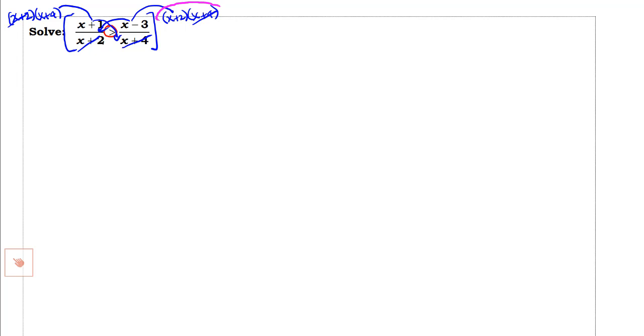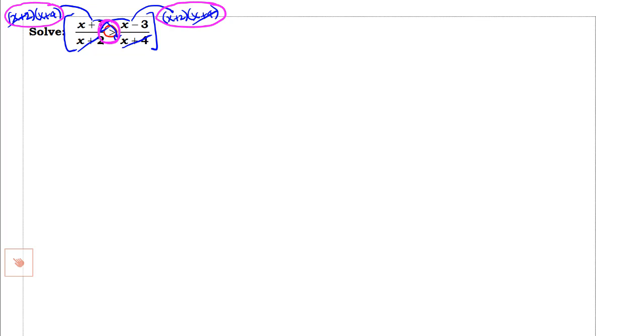Is this positive or negative? You don't know. It has a variable in it. So if you're multiplying both sides by something, how do you tell whether to switch the inequality or not?